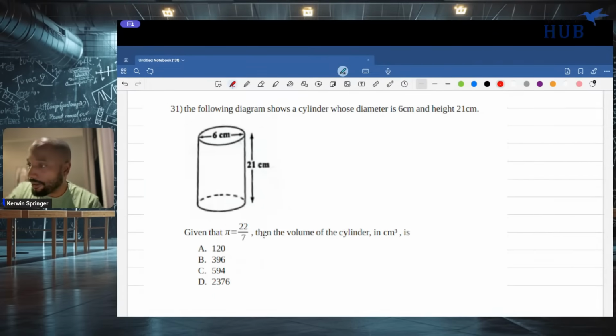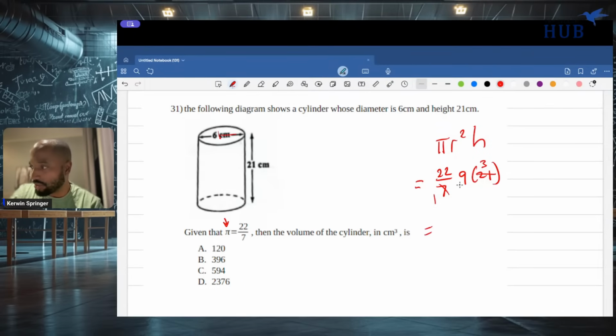Keep it pumping. Given that pi, what is this called again? Oh yeah, pi is equal to 22/7, then the volume of the cylinder is what? Well, this is really 3. So pi r squared times height. I did this yesterday. Why am I feeling like I did this yesterday? 22/7 times r squared, which is 9, times height, which is 21. 7 into 7, 1. 7 into 21, 3.